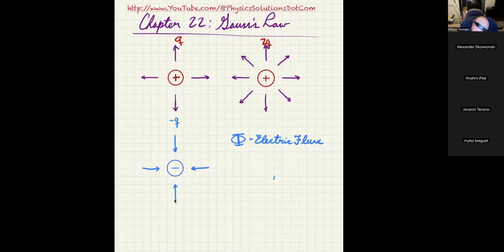Let's say we have a window in space, if you will. And perpendicular to that window, we can imagine there's a vector.